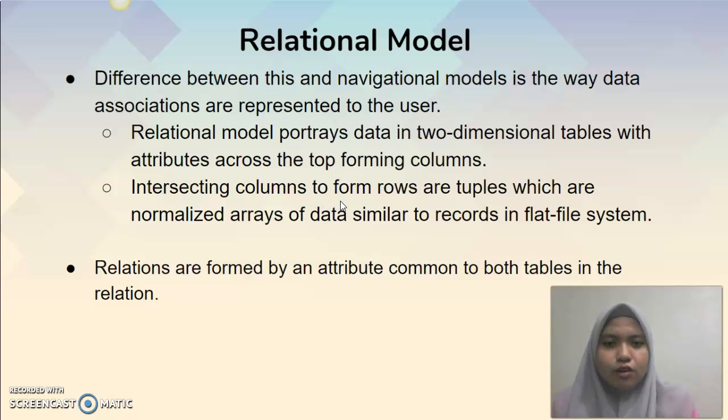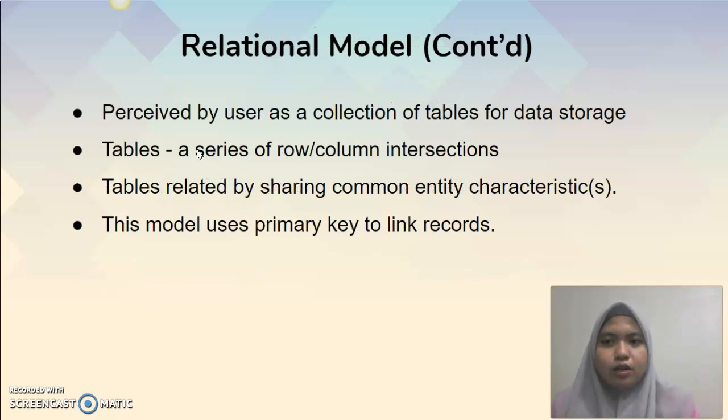Intersecting columns form rows, which are tuples, normalized arrays of data similar to records in a flat file system. Relations are formed by an attribute common to both tables in the relation. It is received by the user as a collection of tables for data storage. Tables are a series of row and column intersections, related by sharing a common entity characteristic. This model uses primary keys to link records.